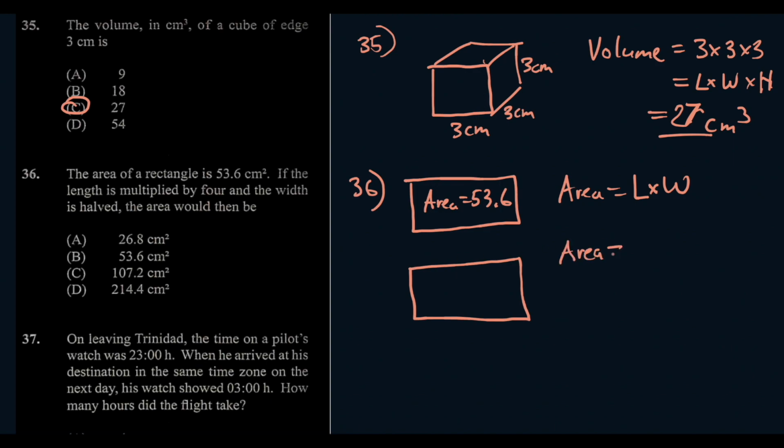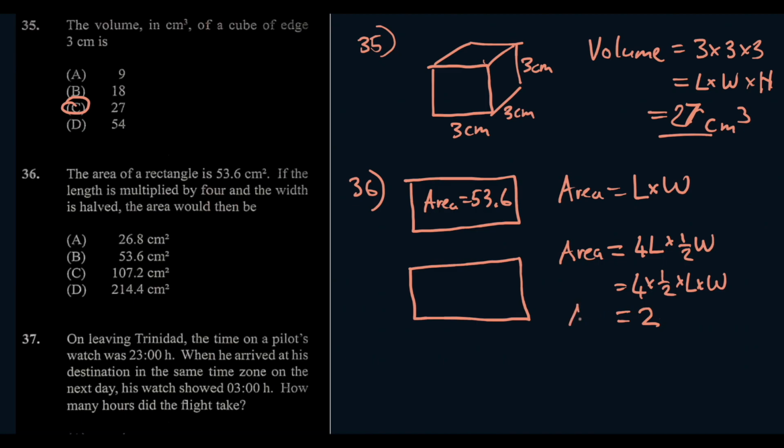The new area would be multiplied by 4 for the length, so that would be 4 times L, and the width is halved, so we're finding half of the width. Then 4 can be multiplied by the half, times length times width. All I'm doing is rearranging so I can have the numbers together. 4 times half is basically 2, because half of 4 is 2.